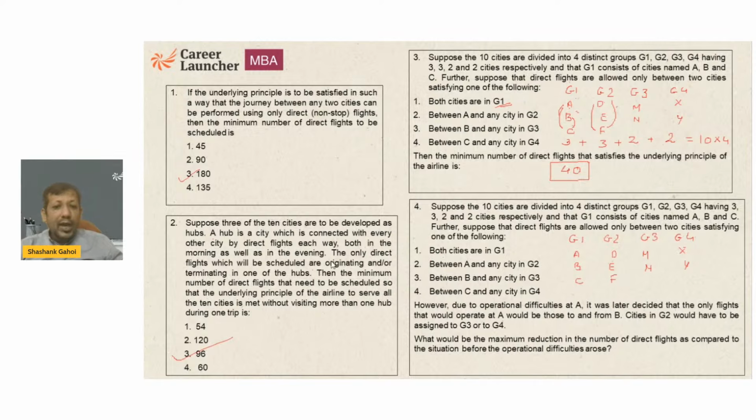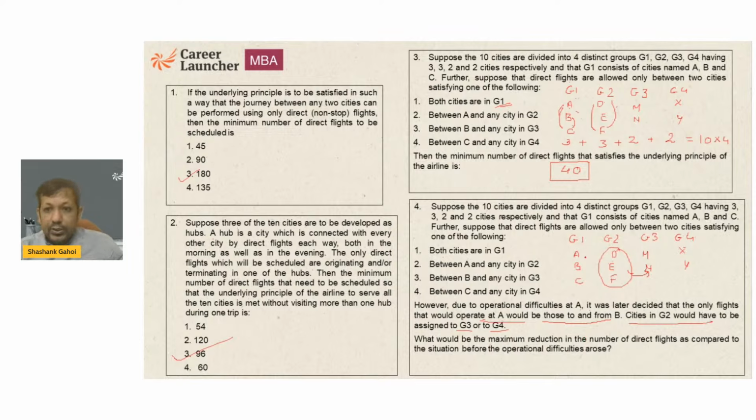Now it says, however, due to operational difficulties, it was later decided that only flights that would operate at A would be those to and from B, and cities G2 would have been assigned to either G3 or G4. So these 3 cities are going to go to here. What is the maximum reduction in number of direct flights?